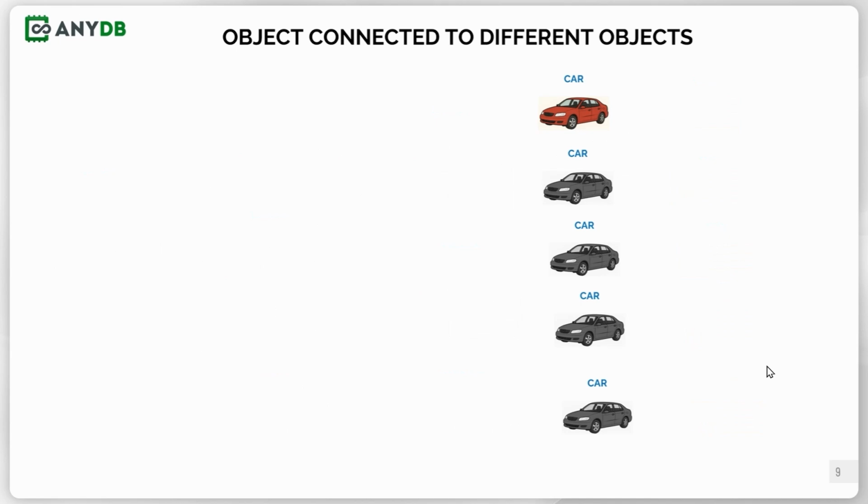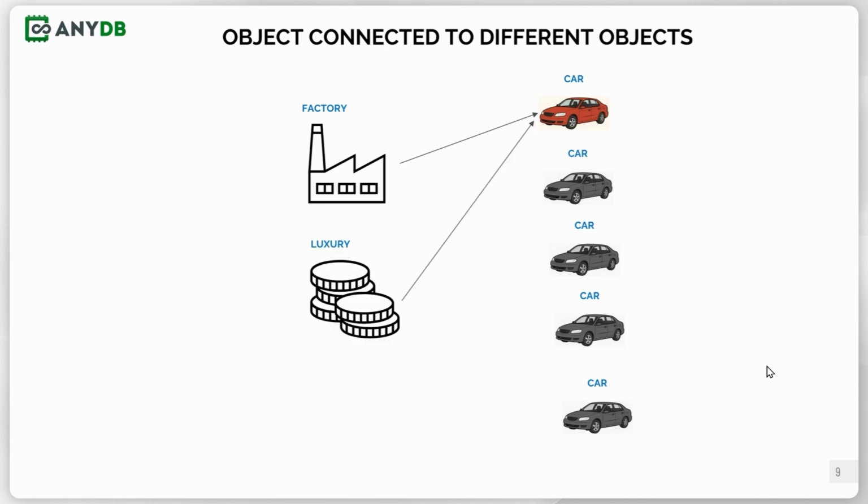Now, the properties of objects in AnyDB allow some interesting behaviors. If you have a car object, you can connect it to a factory, for example. But then, let's say you want to track all your luxury car segment and you had a different system for that.